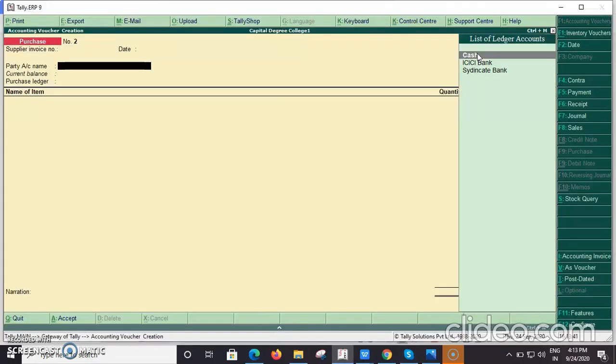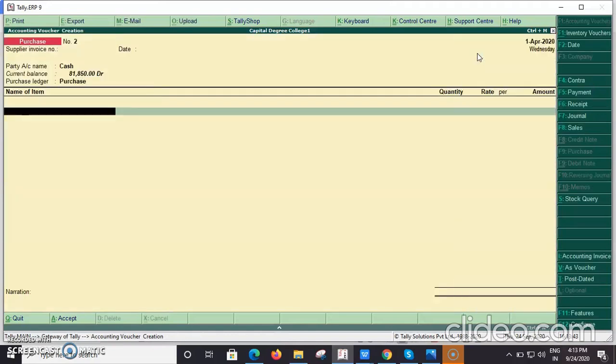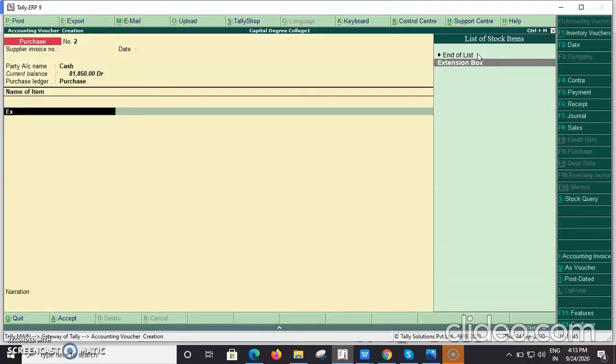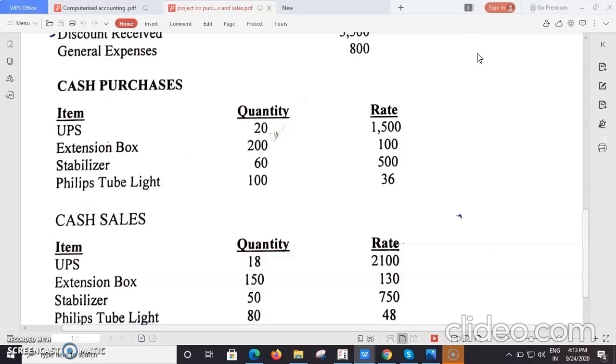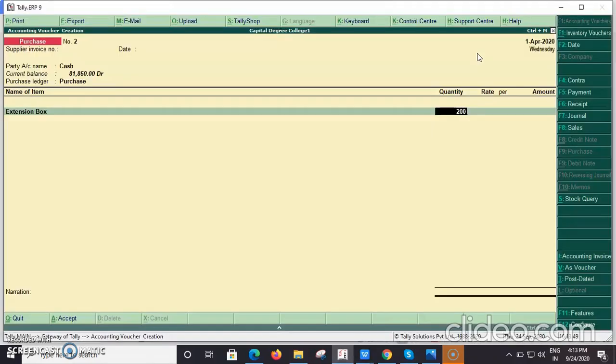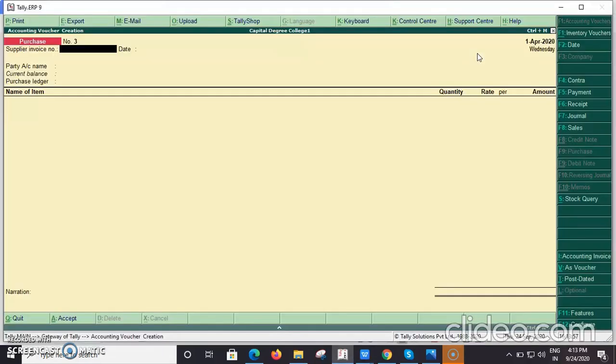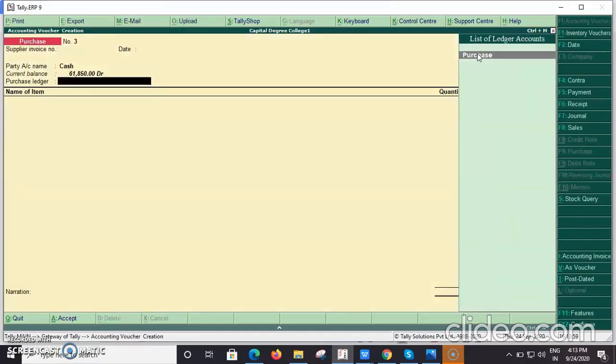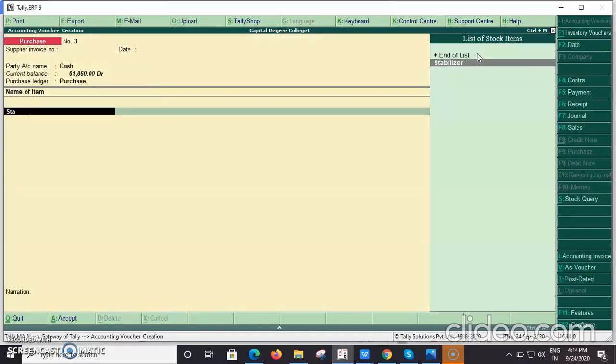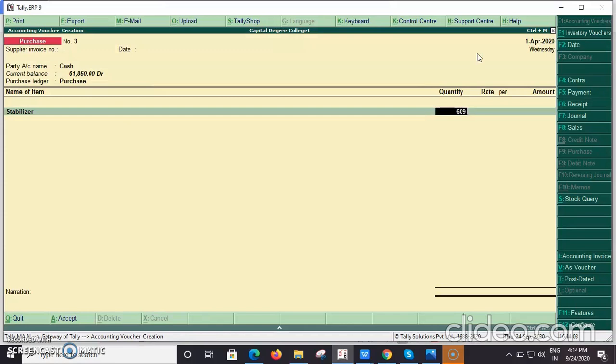Extension box, 200, rate 100, 20,000. Save. Next, stabilizer 60 quantity, 500 is the rate.